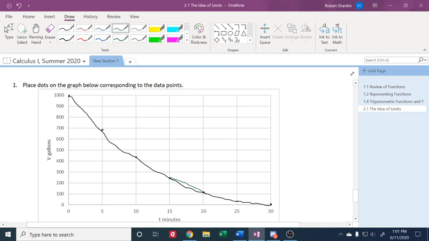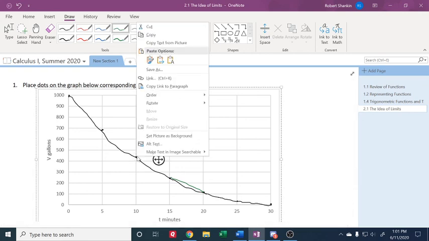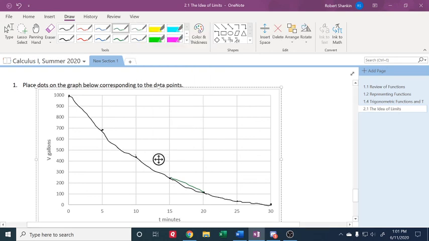From 10 to 15, that line's going to go here.